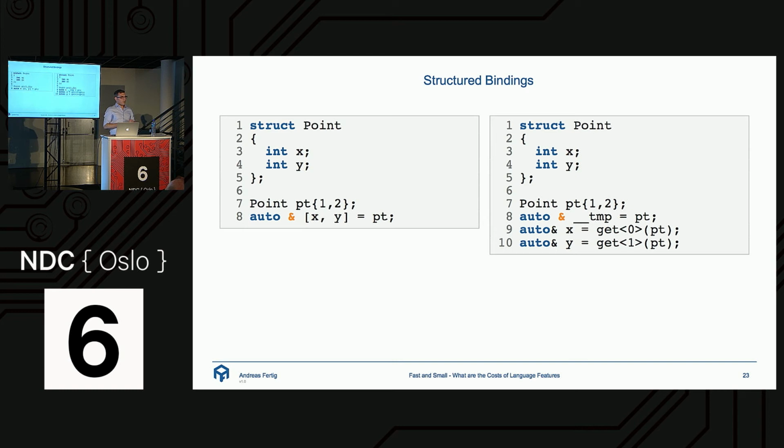We can also make the capture on the variables a reference. Then we add the ampersand on the left side. What's changing in the background is that on the right side, the temporary variable which is created is a reference to our point.